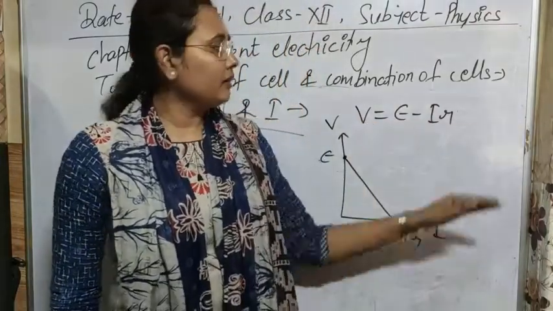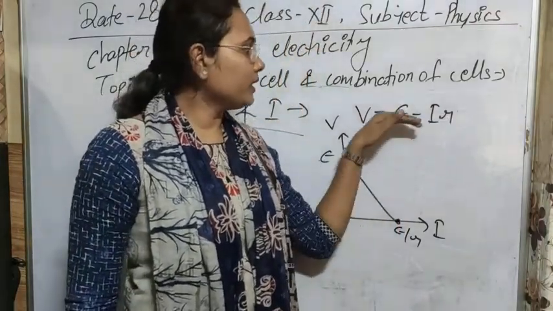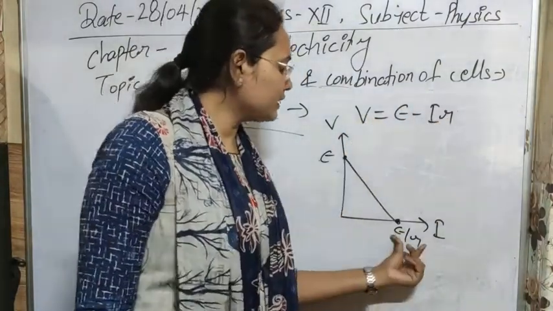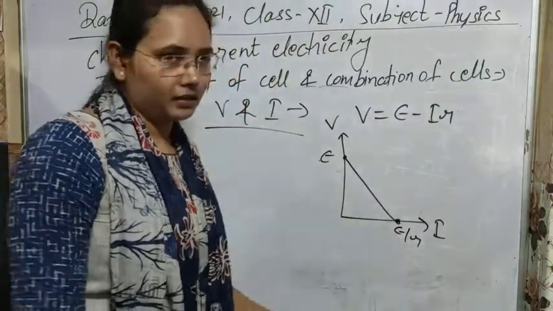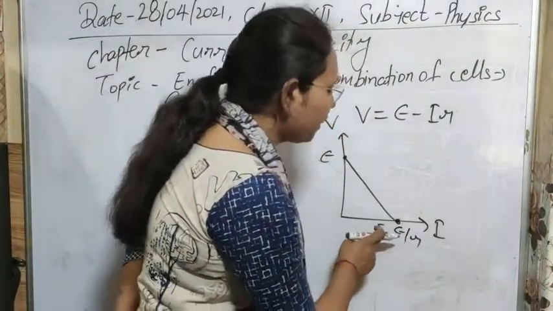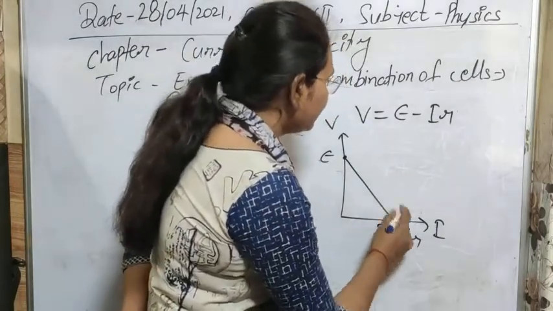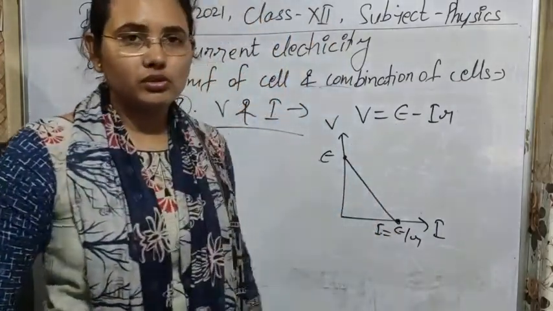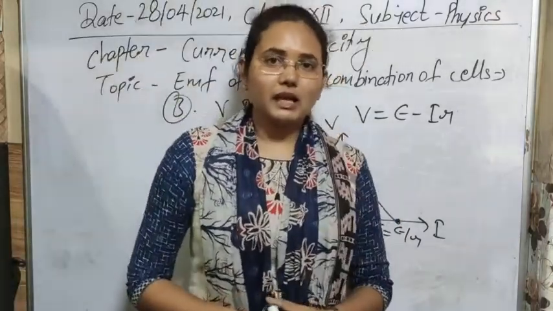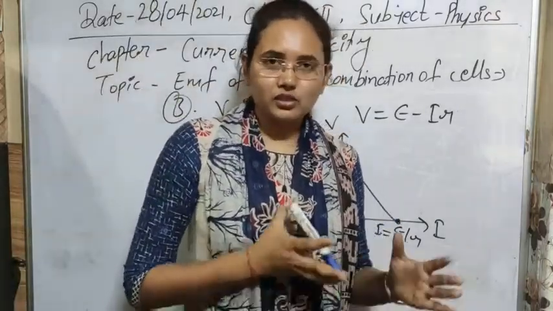Ultimately when this voltage drop becomes equal to epsilon, at that time you can see that I is equal to epsilon by R. It means that if epsilon becomes equal to IR, then obviously this potential will be equal to 0. So at that time it will reach 0 here.